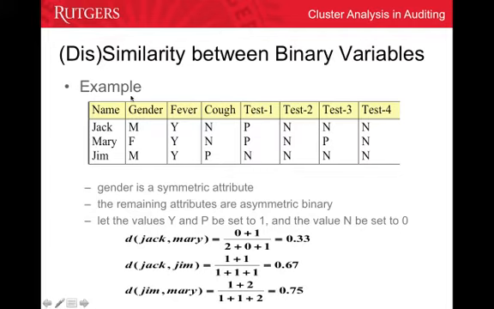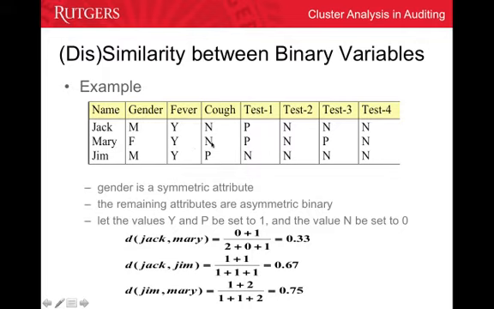Both of them have fever, so there is only 1 variable that has 1 in both of these 2 data objects. Then we just add 1 to get 3. So for Jack and Jim, we use 2 divided by 3 to get their distance, 0.67.